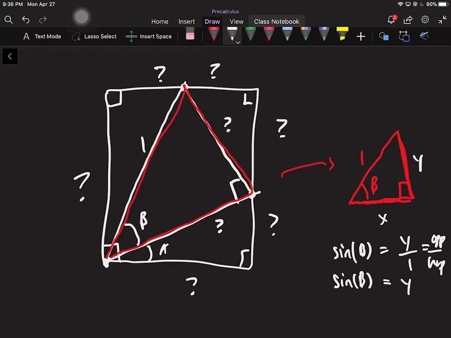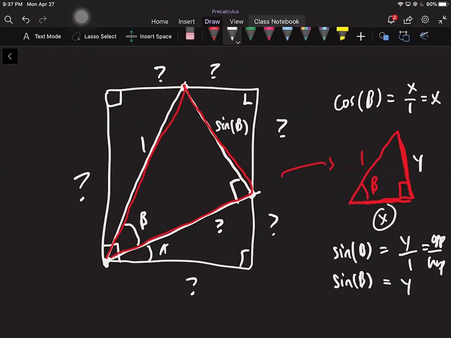So that missing side here, whoops, erased too much. That missing side here is actually just sine of beta. And then similarly, cosine of that angle is what? It's x over hypotenuse, aka adjacent over hypotenuse, so it's just x.